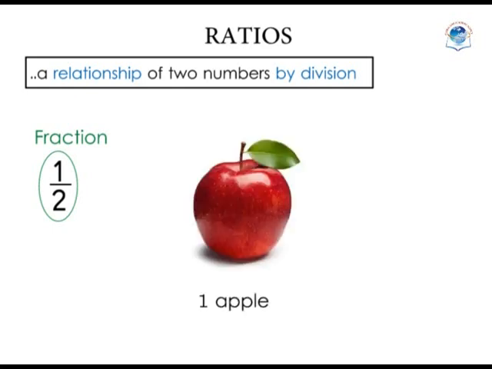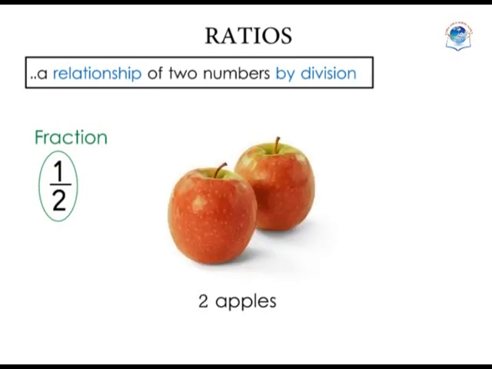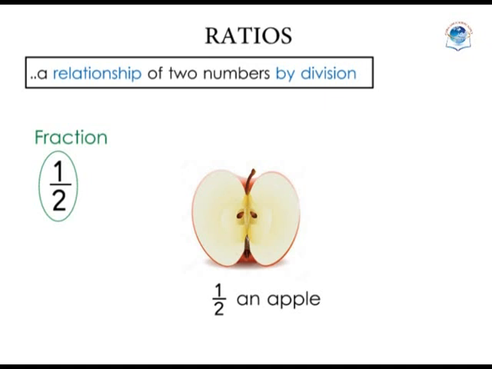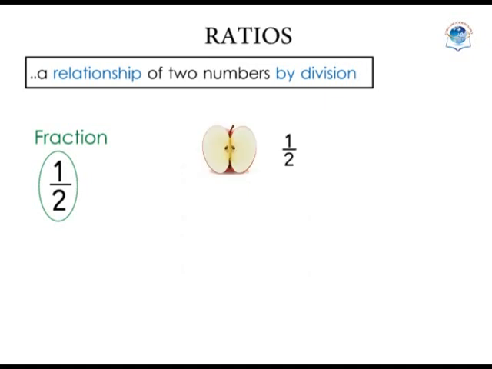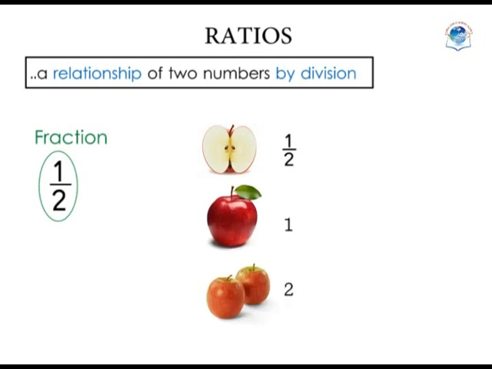If you're too hungry, you might eat 2 apples. But if you're not very hungry, you might eat half an apple. We can use the fraction 1/2 just like we use 1 or 2 to show how many apples you eat. It's only that with 1/2, we know that it's only a part of an apple, a fraction of an apple.